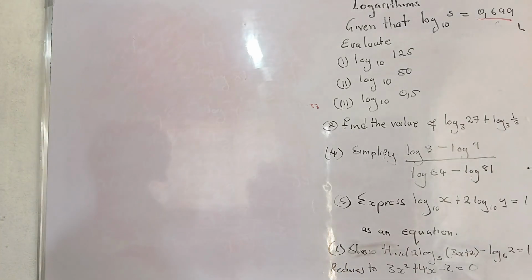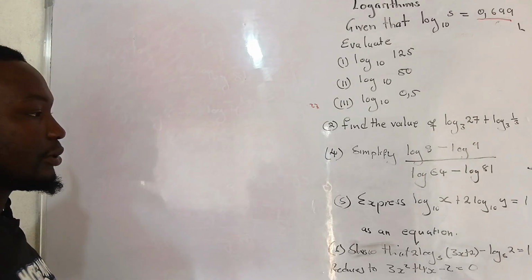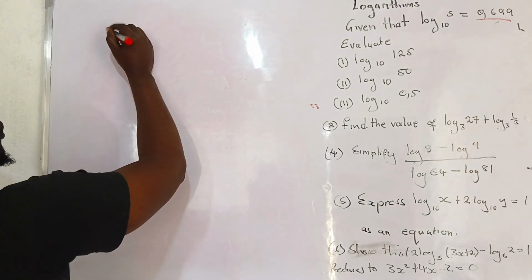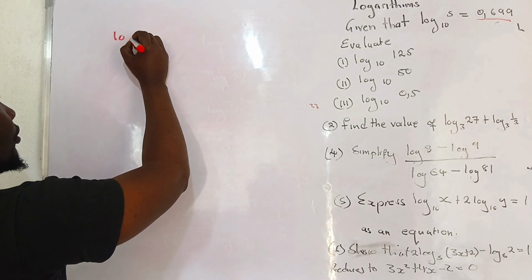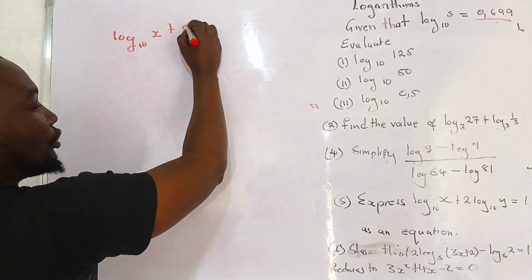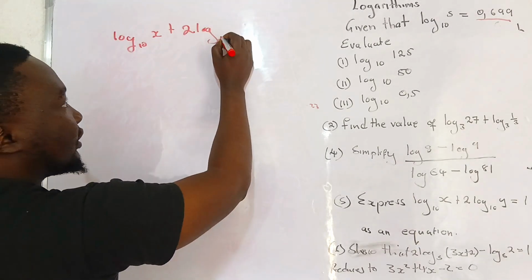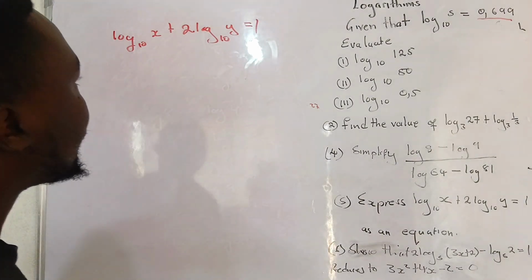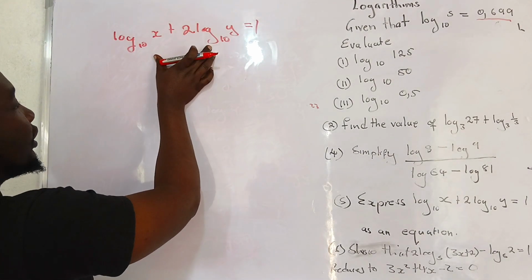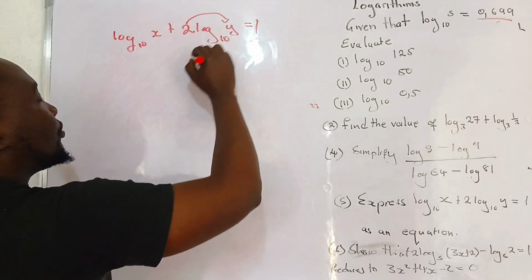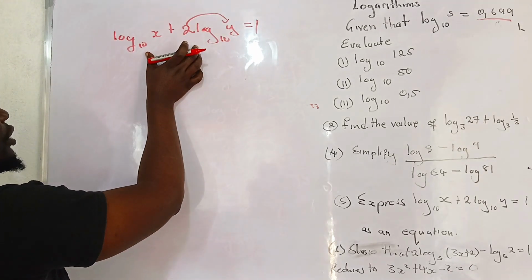So the fifth question says to express this logarithm as an equation. So log base 10 of x plus 2 log base 10 of y is equal to 1. Using the laws of logarithms, we move this power back up, then we use the product rule.